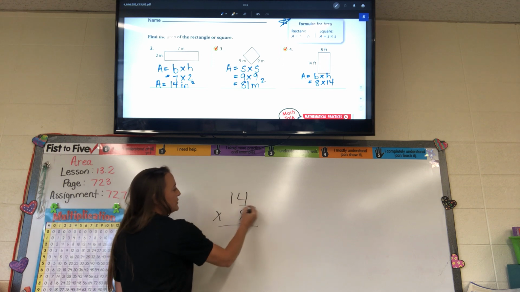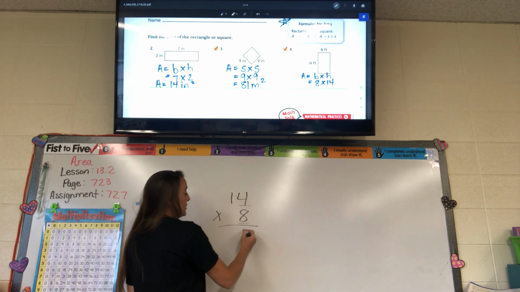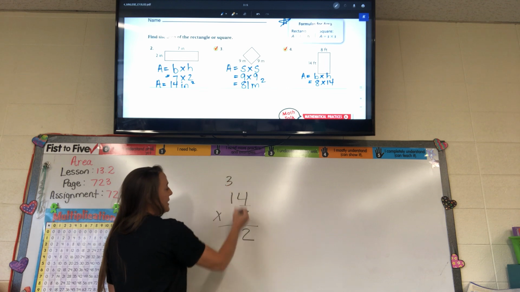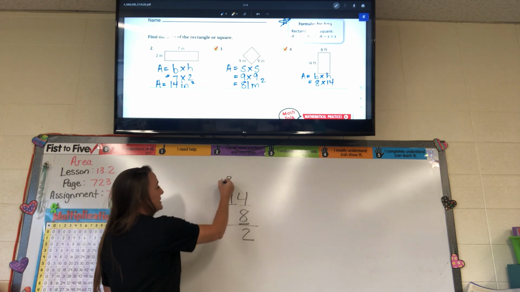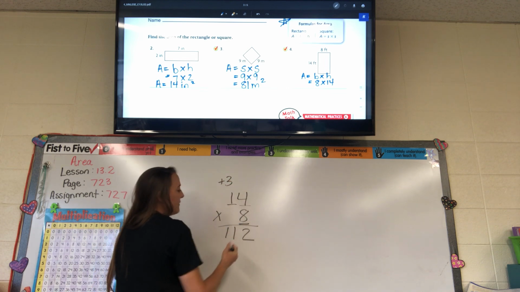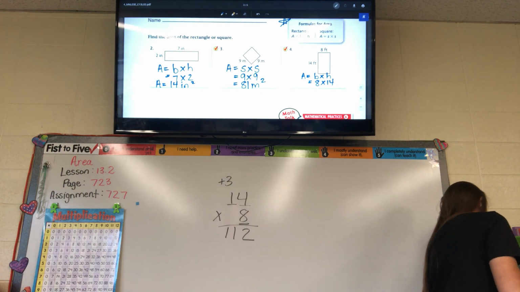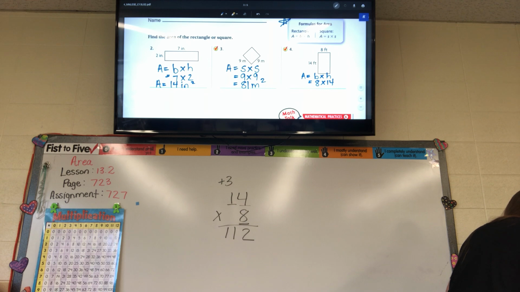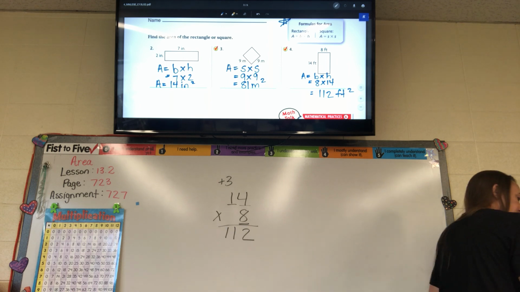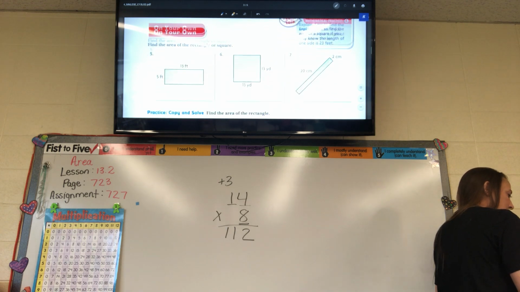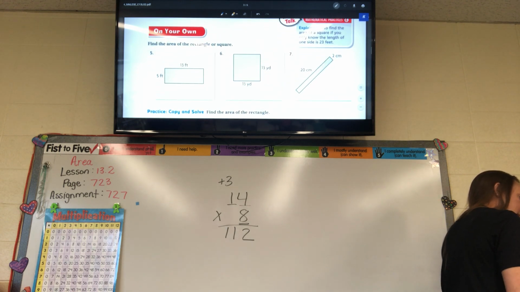So 8 times 4 is 32. Put down the 2, carry the 3. 8 times 1 is 8, plus 3 more is 11. So 112. And we're dealing with square feet. So feet squared. Okay.